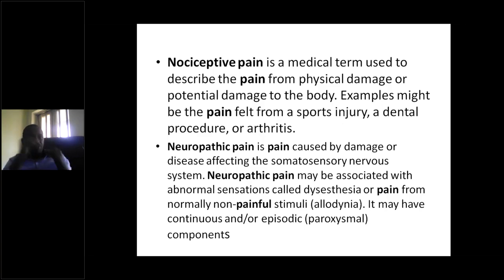Examples of nociceptive pain are when you are playing football and somebody injures you, you hit your leg on the floor, or you are cooking and you cut your finger. Or they are having a dental procedure or even arthritis. So these are nociceptive pain.